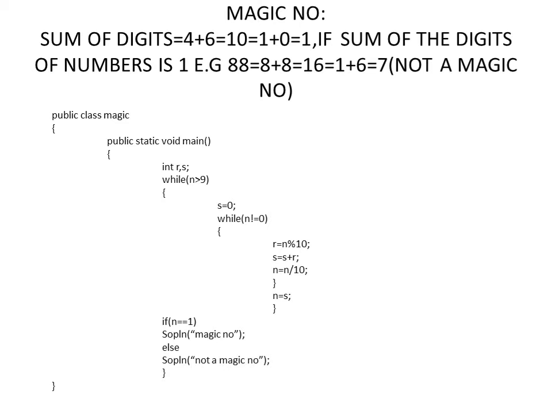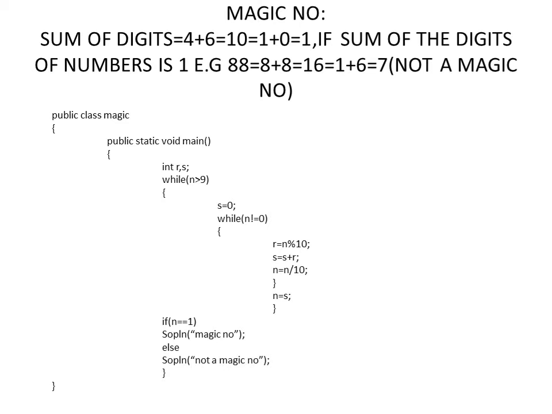Let's see a second example where the number is not a magic number. Example, if I take 88, 88 is equals to 8 plus 8 is equals to 16. 16 is equals to 1 plus 6. 1 plus 6 is equals to 7. Now 7 is not a magic number.